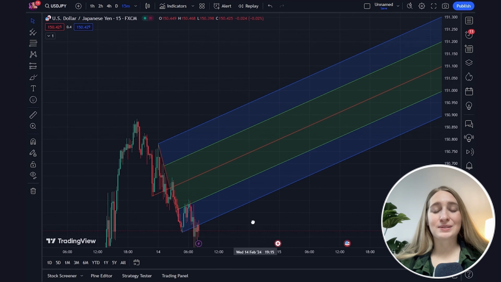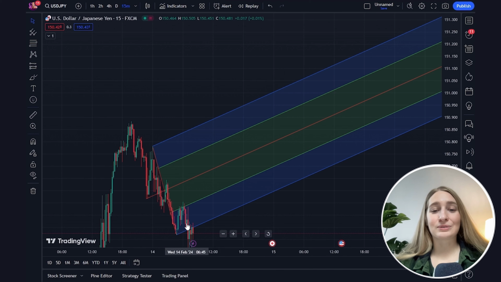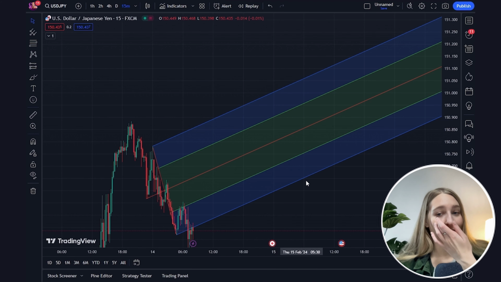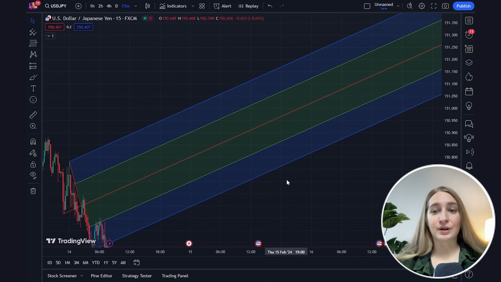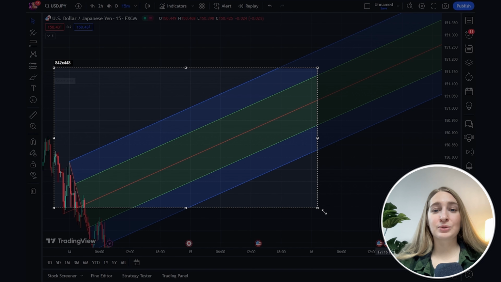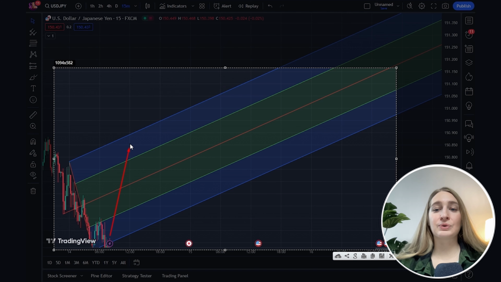Here the price is going forward, and most likely will go this way. There will be touch points at the upper and lower boundaries. Now there is one touch, there are two touches, and there will be three or four touches. On the fifth touch I would not recommend entering the trade, because the price can break through and go further down.